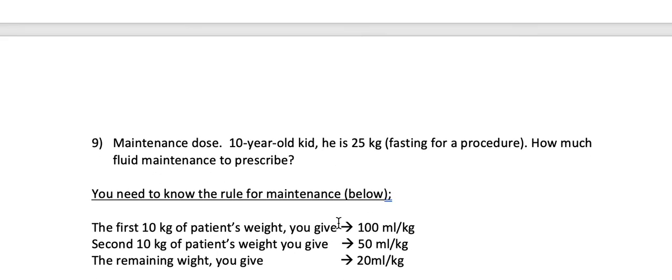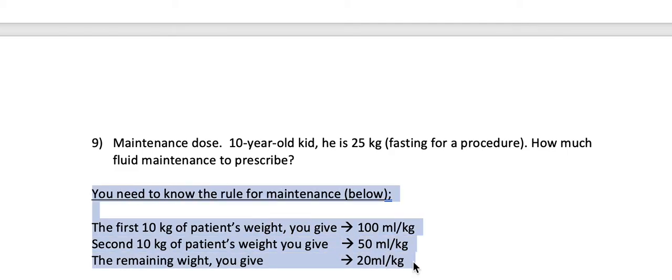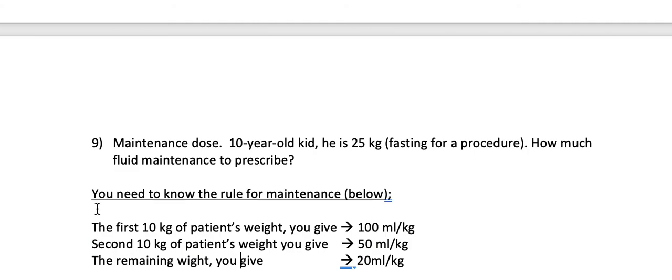Before we go ahead, you need to know these rules before we can calculate his fluid maintenance. For the first 10 kilograms of the patient's weight, you give 100 milliliters per kilogram. For the second 10 kilograms of the patient's weight, it's 50 mils per kilogram.